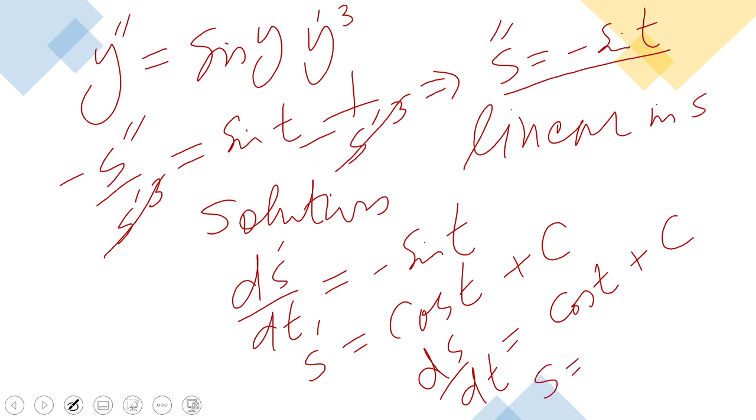S is equal to the integral of cos t, so that is sine t plus ct and plus another constant c1.